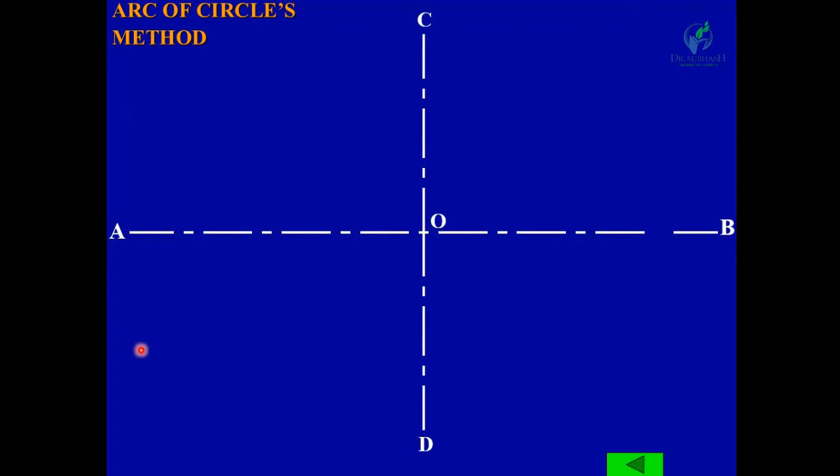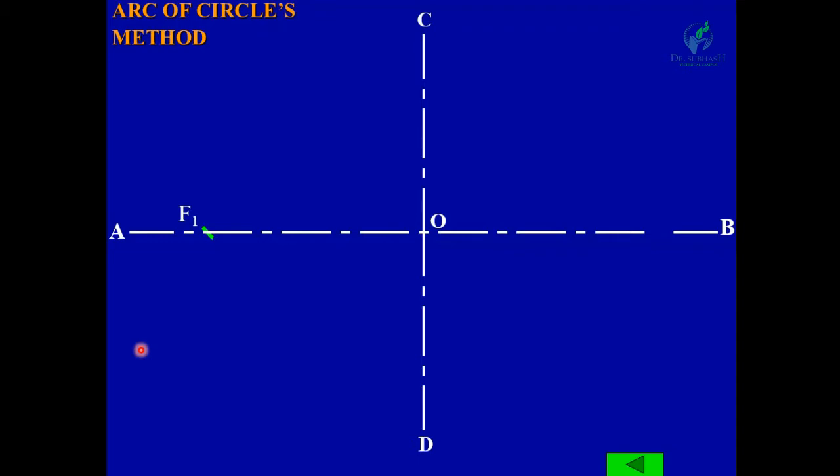Now we have to mark the foci F1 and F2 on this line AB. For that, as per the definition of ellipse, take radius equal to AO and center equal to C, and draw an arc on line AB. This is our focus F1.